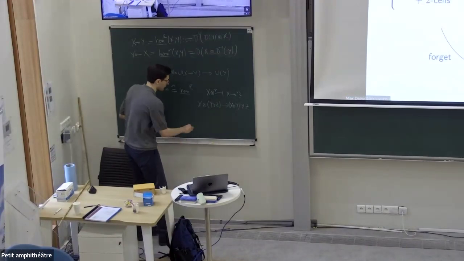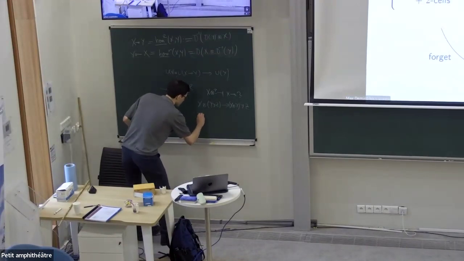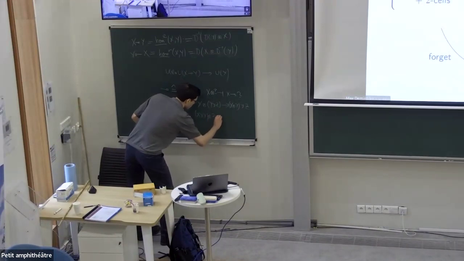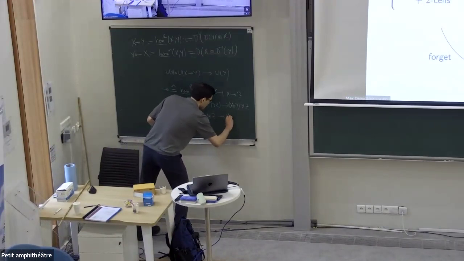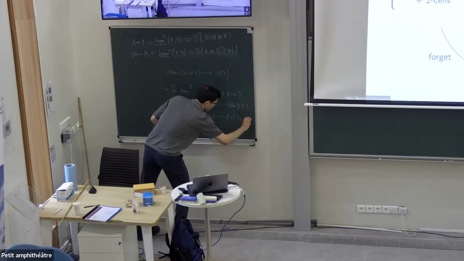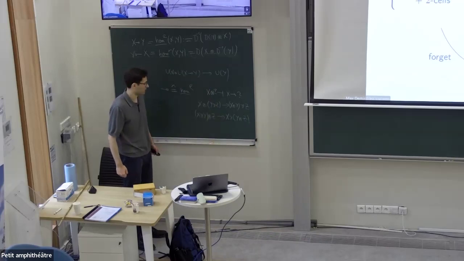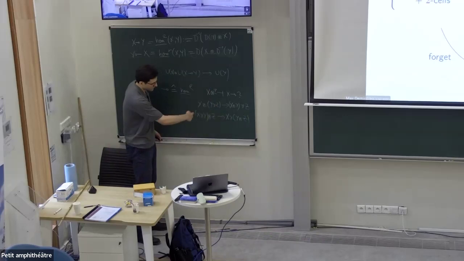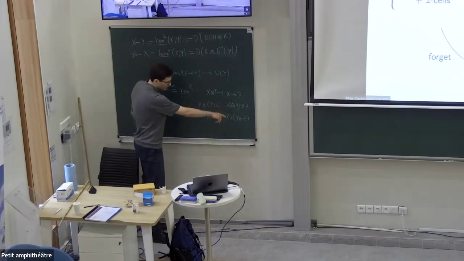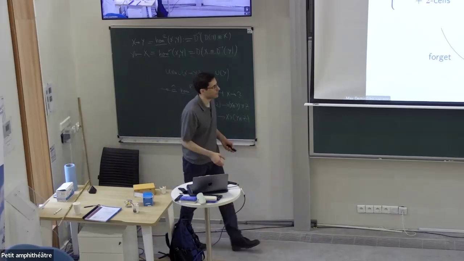So this is one, and the other one would be kind of mixed associators. Logicians call these resource-sensitive distributors, which I find a rare name. In any case, these are in general not invertible and are required to satisfy a large number of coherences.